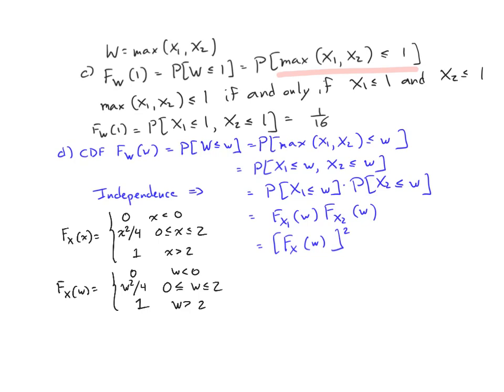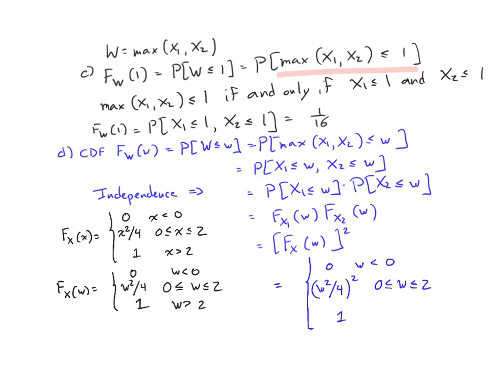And so for this expression, the CDF squared, we just have to square the CDF for each term in the expression. So it's 0 for w less than 0. And it's w squared over 4, the whole thing squared, for 0 less than or equal to w less than or equal to 2.